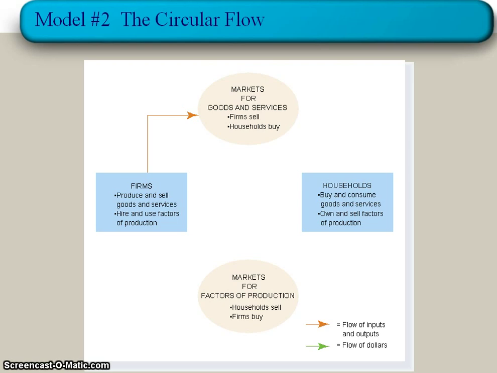And then, of course, who buys those things in a product market? That'd be the household. And what do they buy? Goods and services. Okay? Now, once they get the stuff, goods and services, the household then turns around and sends something back to the firms. They send back in exchange, specifically labor, also land and capital, though.